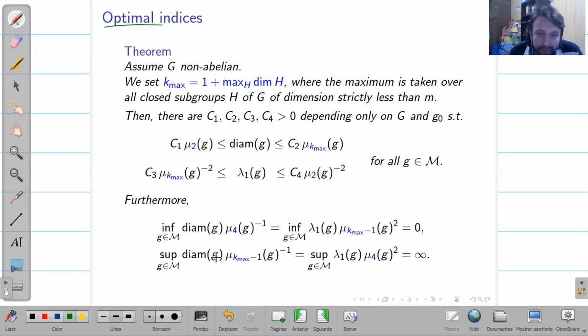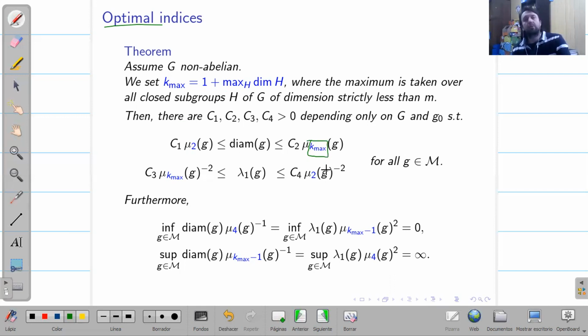Check here, for instance: what about if you put in place of k max the previous one, k max minus 1? Well, this over this with k max minus 1 is not bounded from above. So this index is really the optimal one.